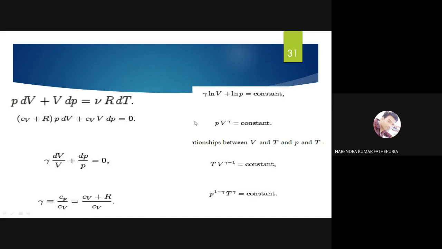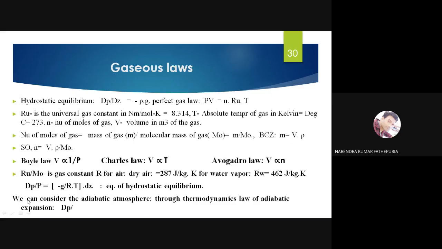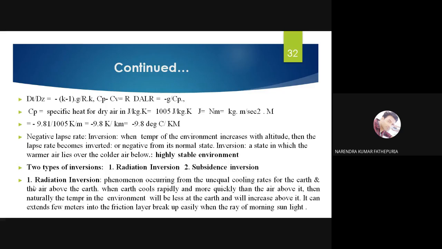If I'm talking about adiabatic conditions, the law will be different: PV to the power gamma is equal to constant for adiabatic conditions. Gamma is the gaseous constant. Then T into V to the power gamma minus 1 is equal to constant, and there is a similar relation in terms of potential temperature. These three relations are important while you're talking about the gas law.